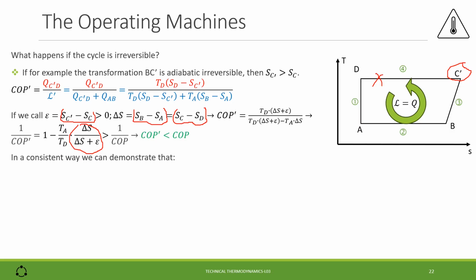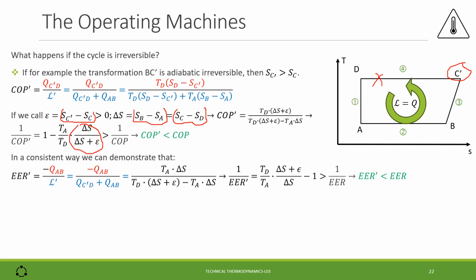In a consistent way, we can demonstrate that EER of the new cycle is negative QAB over the new work, but QAB has not changed, just the work.